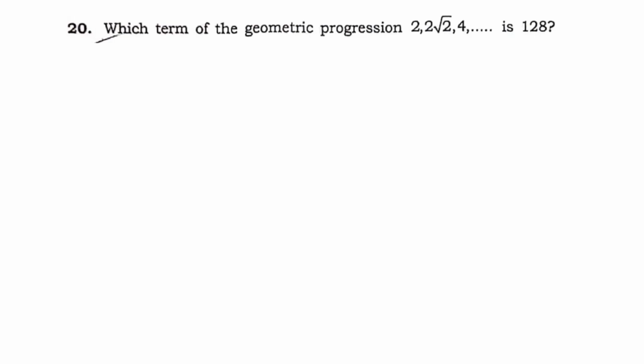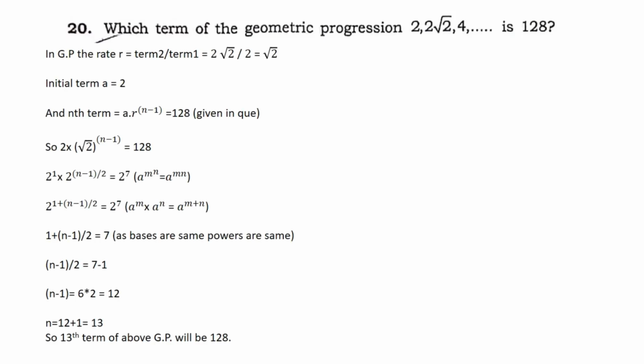Right? So next question. Which term of the geometric progression 2, 2 by root 2, 2 into root 2, 4, and so on is 128? In a GP, the ratio r equals term 2 by term 1. So by that we can get the ratio as root 2 and the initial term is 2.